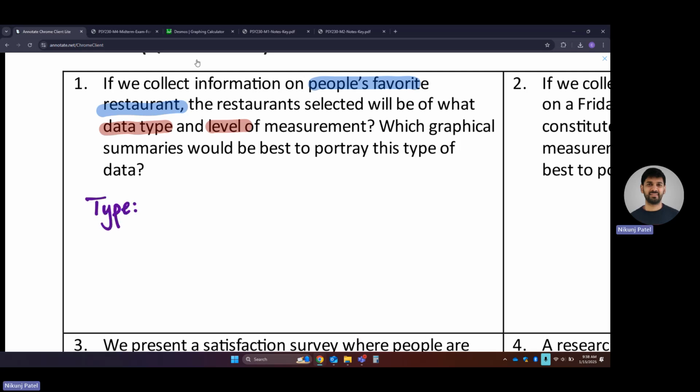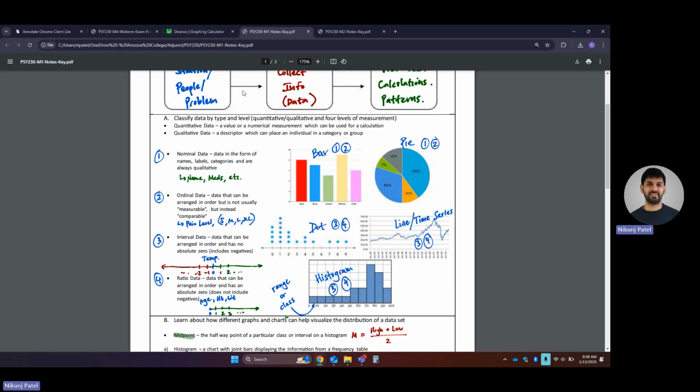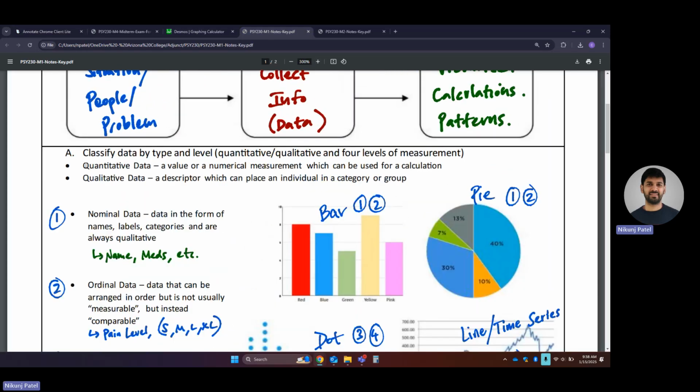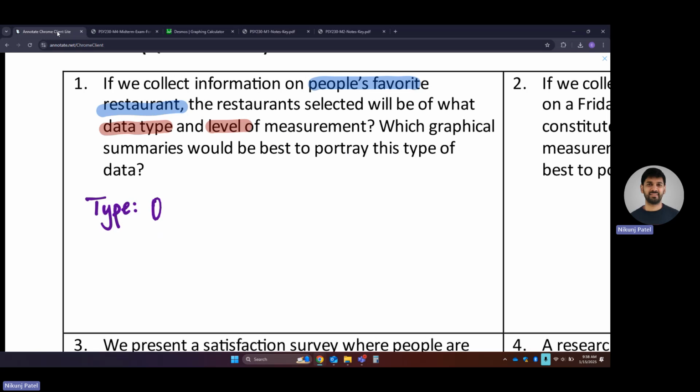And since the type has to either be one of these 2, quantitative or qualitative. Quantitative would be a value, qualitative is a descriptor. So the name of the restaurant is a descriptor, so that's qualitative, and I'll just put qual rather than quant, because it's a long word. Qualitative is the name of the restaurant.